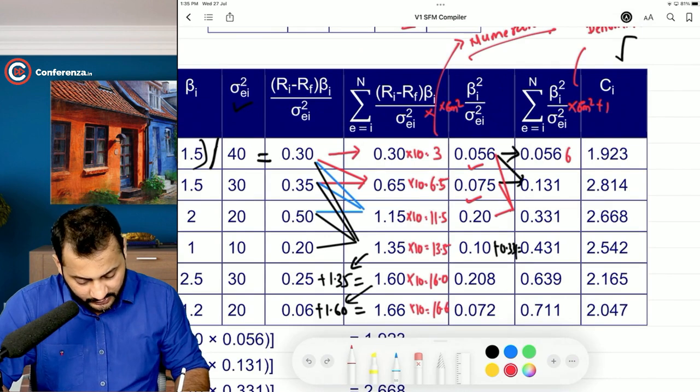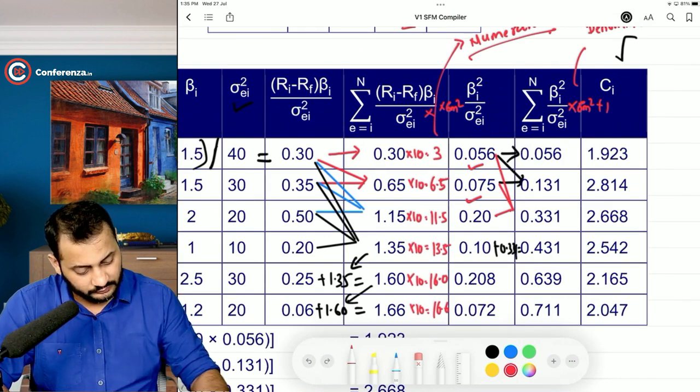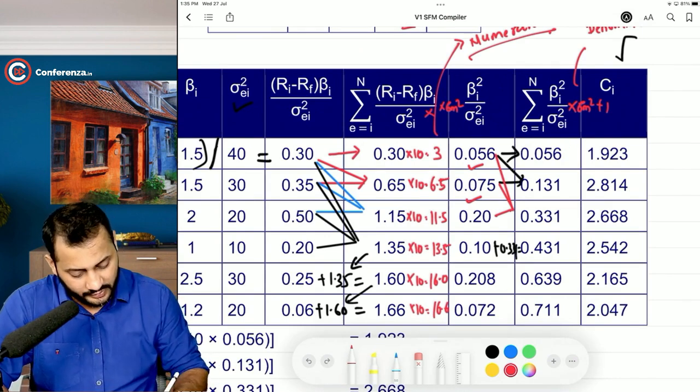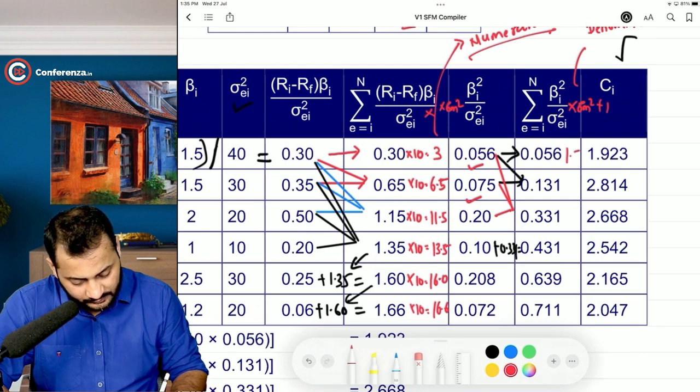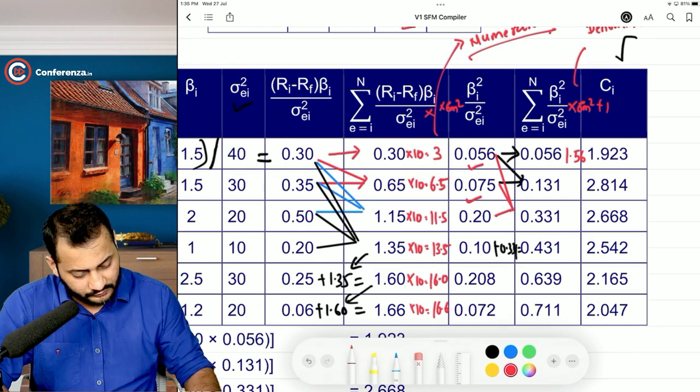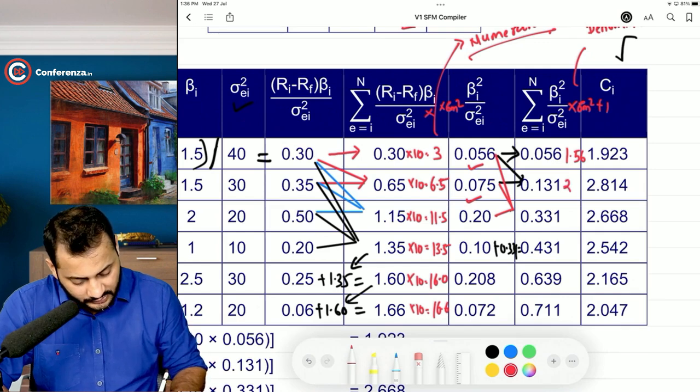If you multiply it with 10, 1.56. Getting it? This is going to be 2.31. Yes, this is 2.31, 4.31, 5.31, 7.39 and 8.11.